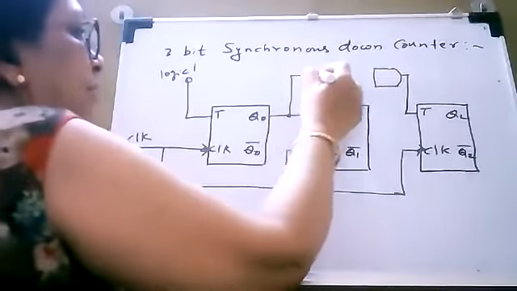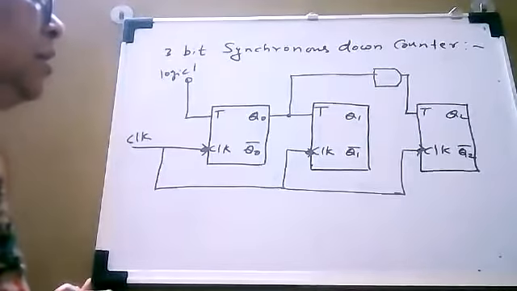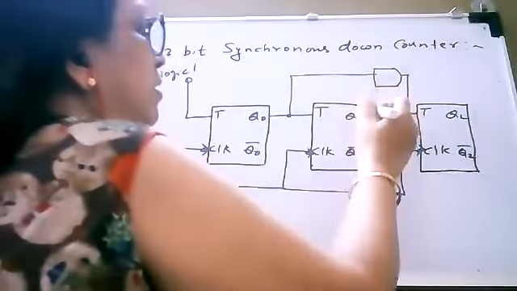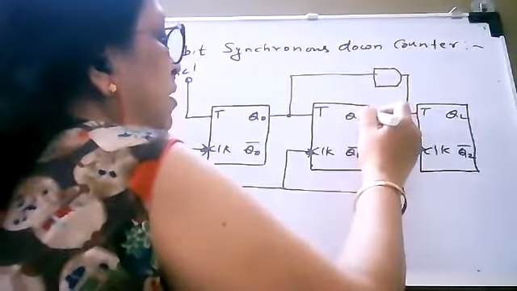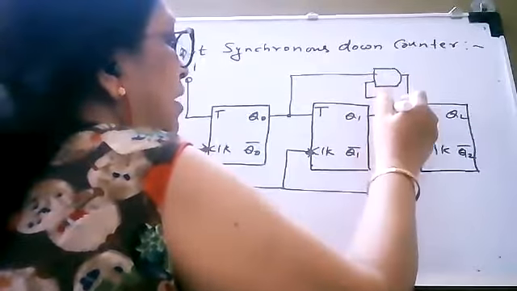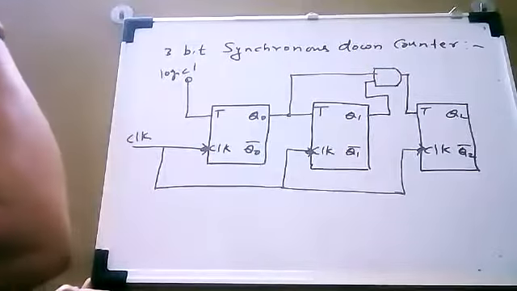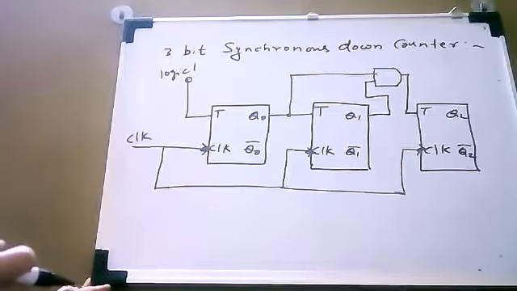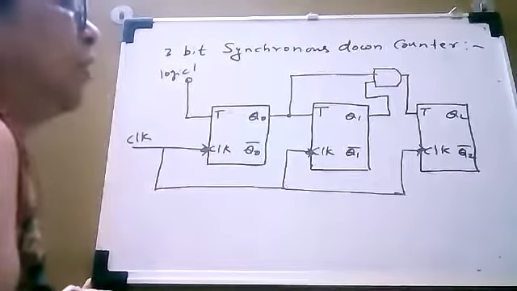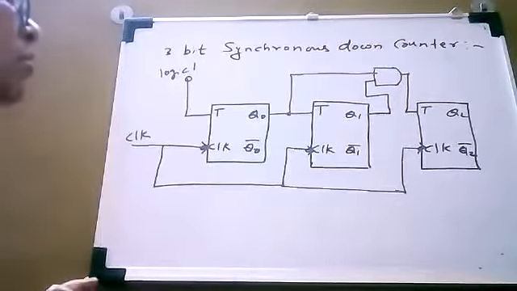The same thing we will give as input to the next AND gate. And again you can see, the output of the second AND gate must be connected as input to the next AND gate, and the output of that AND gate must be connected as input to the third flip flop.